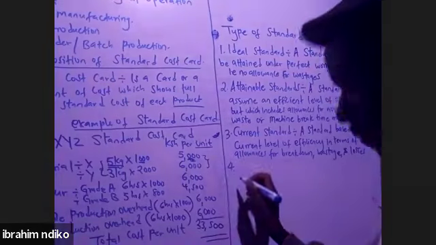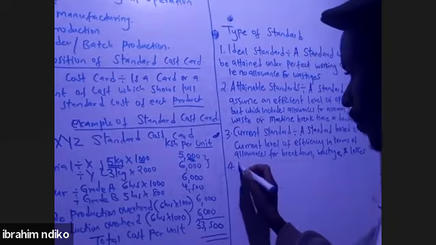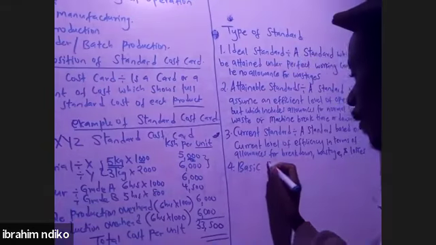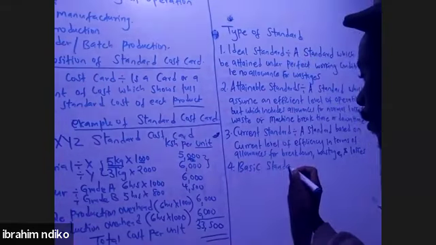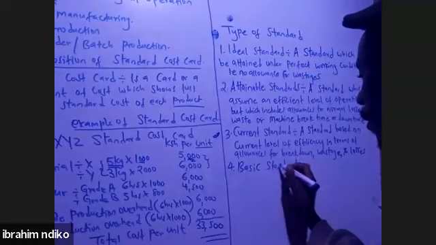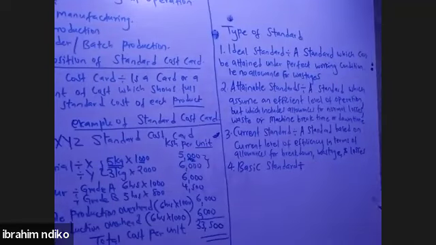Then the last one is the basic standard, number 4. So when I talk about a basic standard, it is a standard established for use over a long period of time.